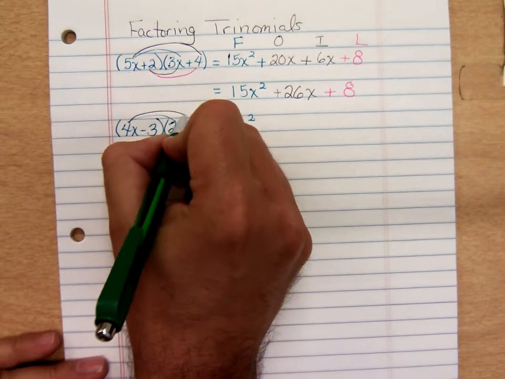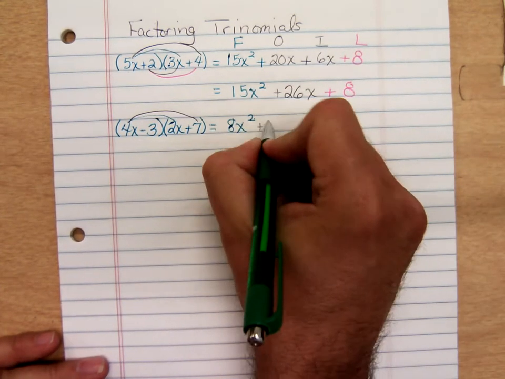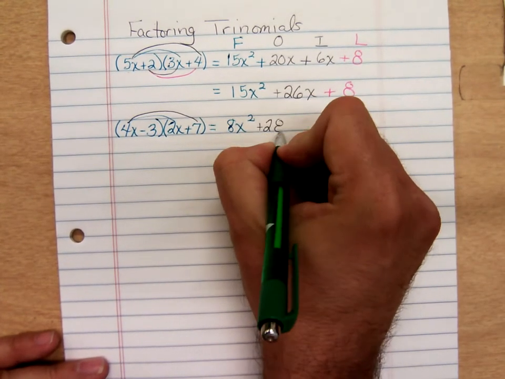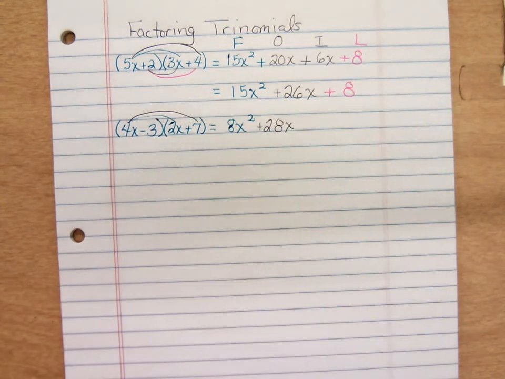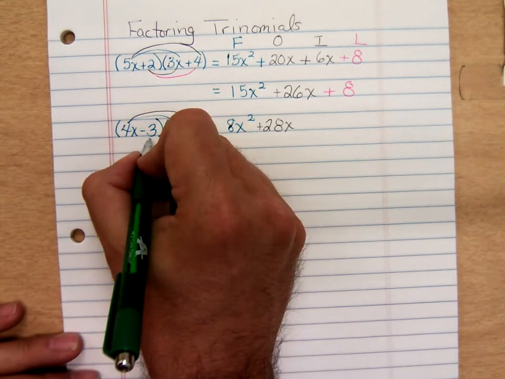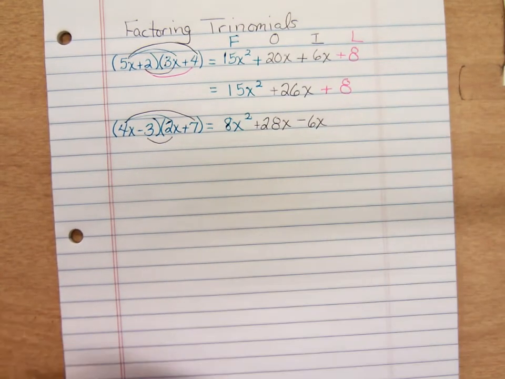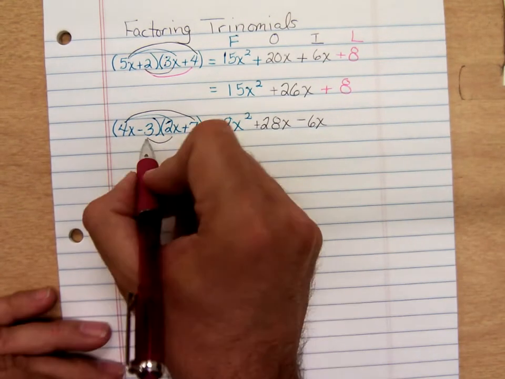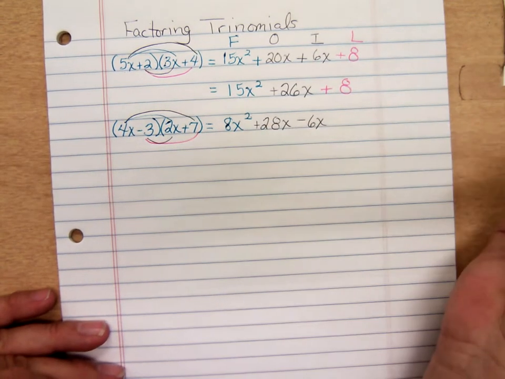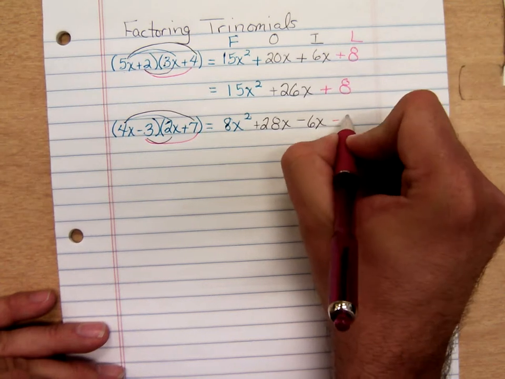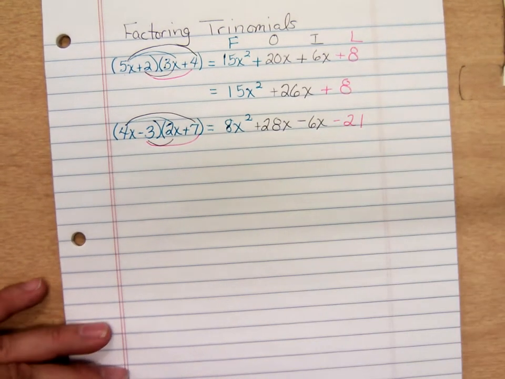Outer, 4x times 7, that's a 28x. Inner, is that a minus 6x? And then last, minus 21.